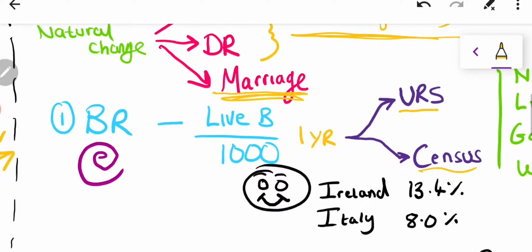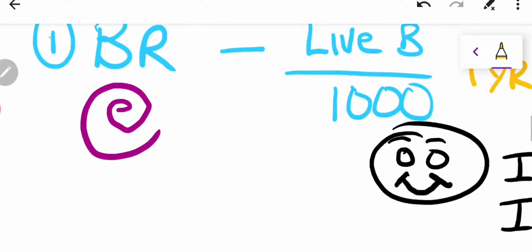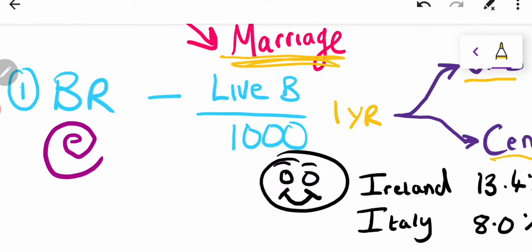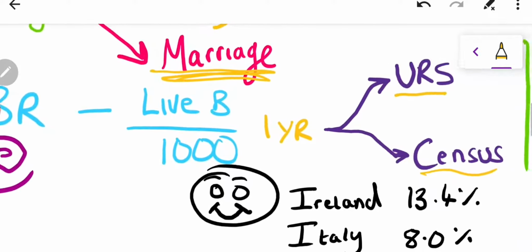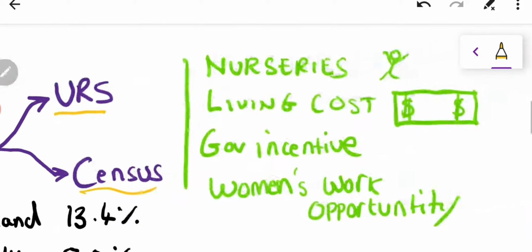So, birth rate. Every time I've included this squiggly thing, it just means for that year. Birth rate is the live births over 1,000 women for that year. And like I said, you can find this out through the URS and censuses.